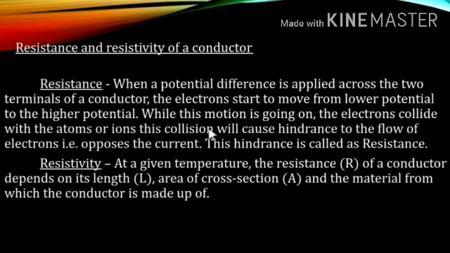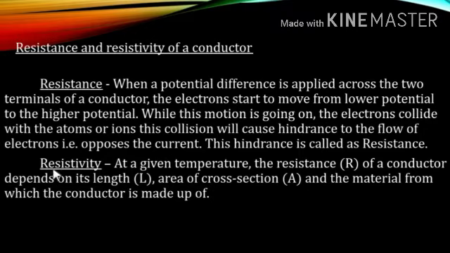While this motion is going on, the electrons collide with the atoms or ions in between along the path, and this collision causes a hindrance to the flow of electrons. That means this opposes the current. This hindrance is called resistance.